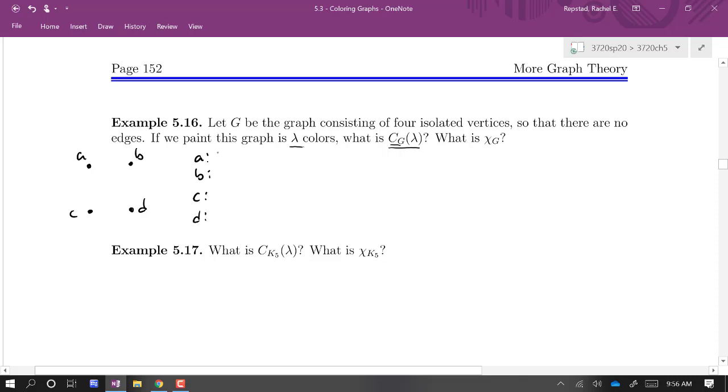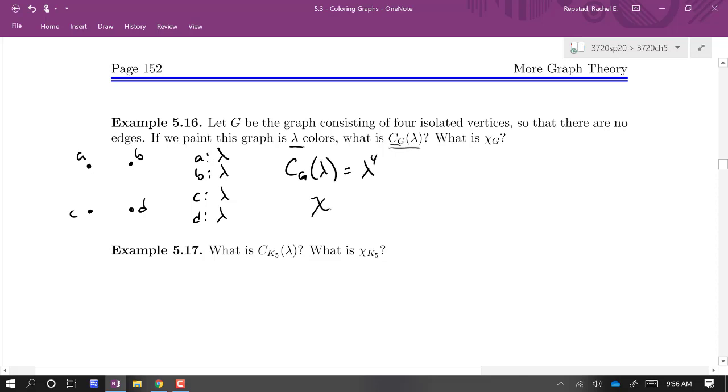I've got lambda choices for A. A isn't connected to anything, so once I get to B, I still have lambda choices for B. C and D, there are no edges, right? I have lambda choices for all of them. They can all be the same color for all I care. So then, using the multiplication counting principle, C sub g of lambda is just lambda to the 4th power.